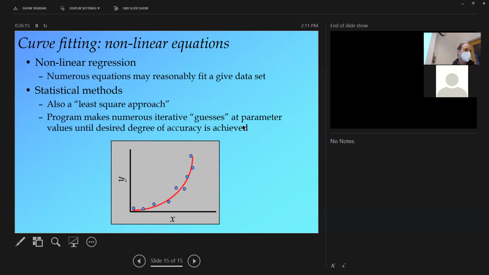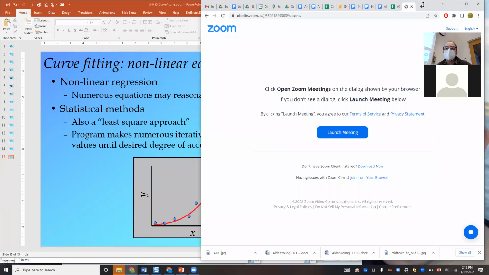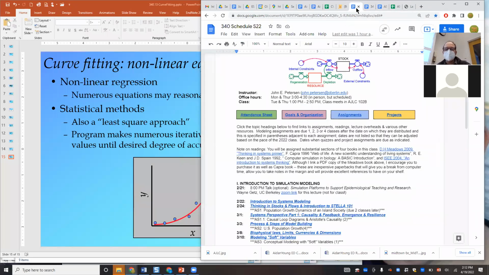But the neat thing is that most programs, even Google Sheets and Excel, have built-in solver algorithms which can do these things for you. And so what I'd like to do now is to have you open AS7, but you will not turn this in. This is a class exercise.